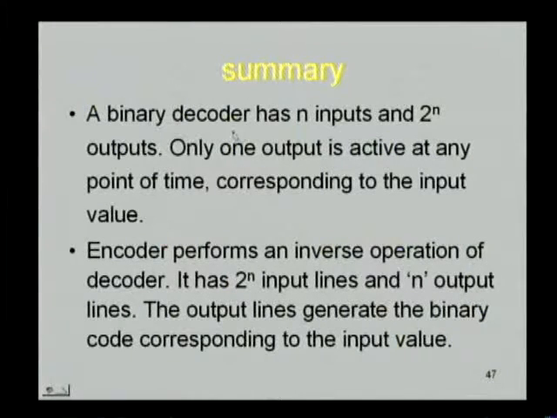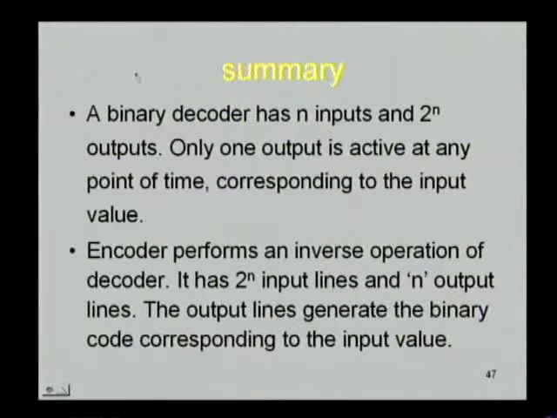One of the outputs from these 2 power n will become activated. If it is active high, that particular line will become 1. If it is active low, it will become 0, based on the input code present. We have seen 2 to 4 decoder, 3 to 8 decoder.